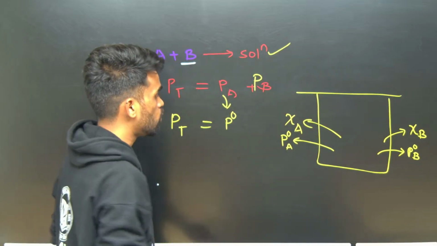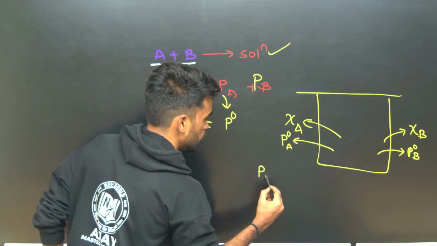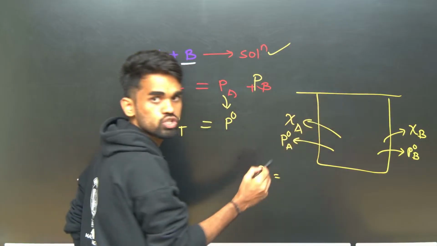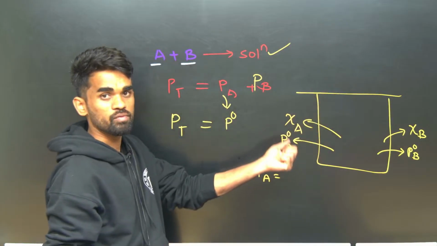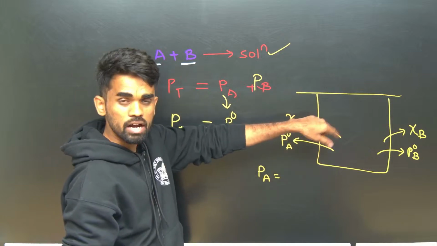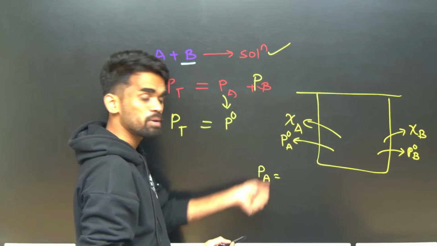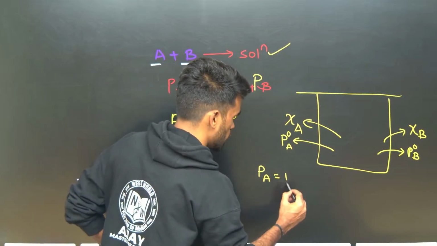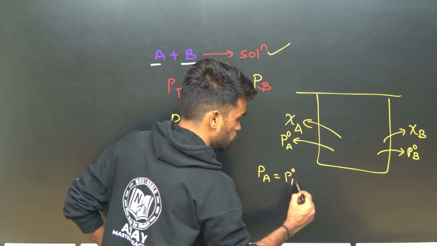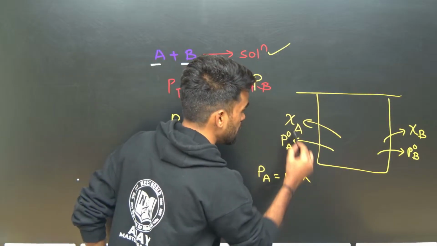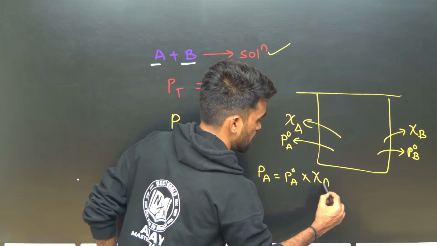So what is the vapor pressure of A in the solution? P naught A is the vapor pressure before mixing in order to make this solution. After making the solution, the vapor pressure of A is P naught A, its pure vapor pressure, multiplied by its mole fraction in the solution.